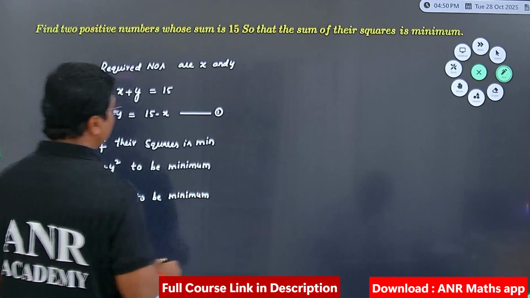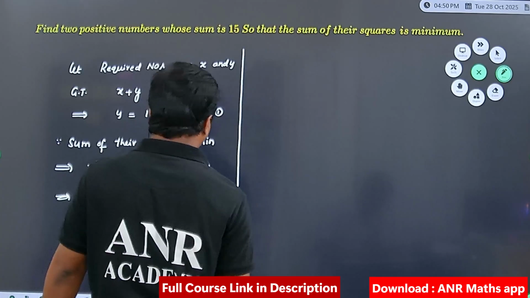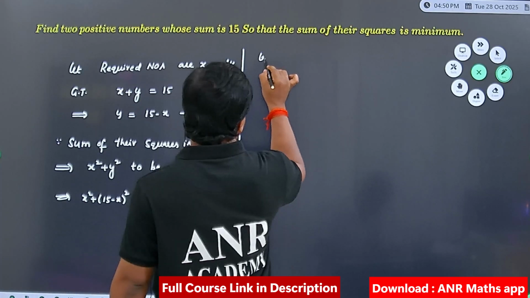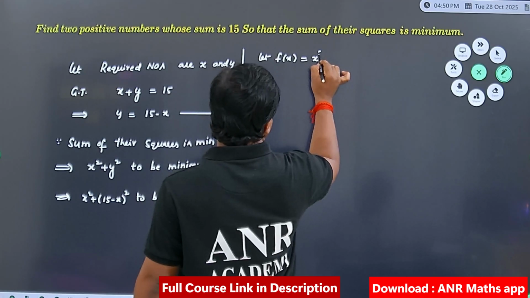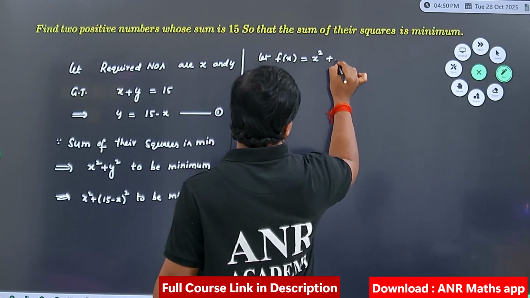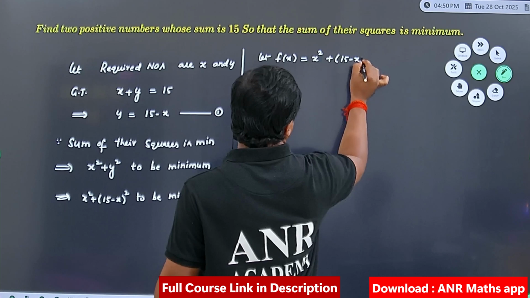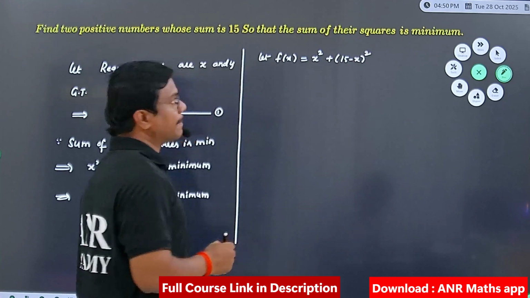Here assume that the minimum function f of x, that is equal to x square plus 15 minus x whole square.